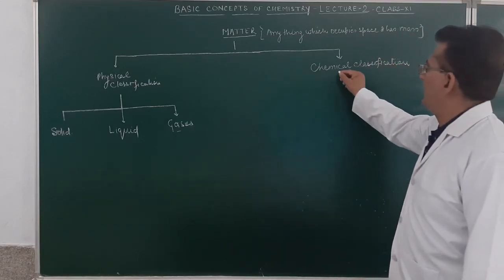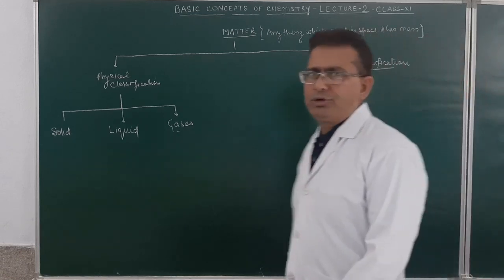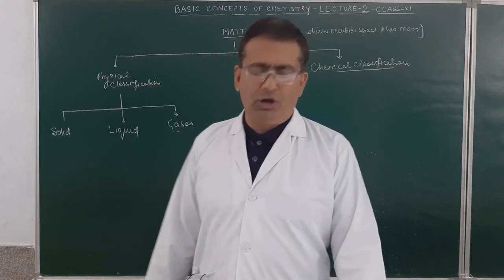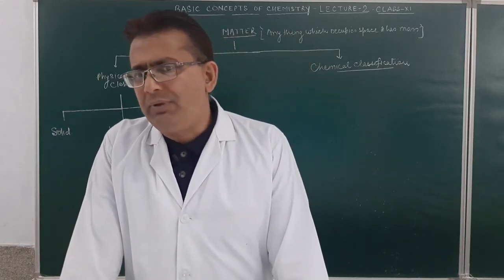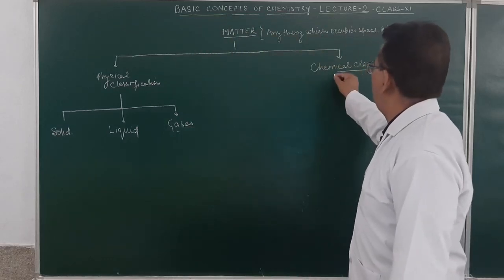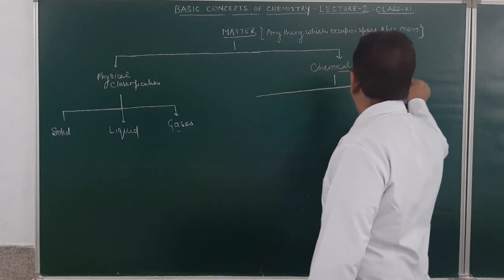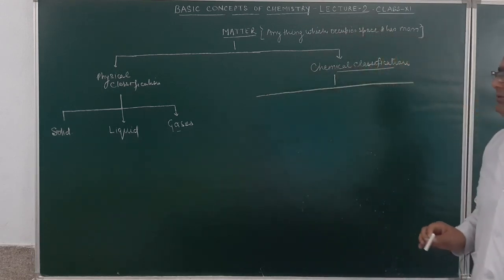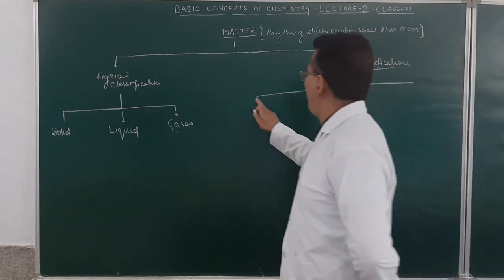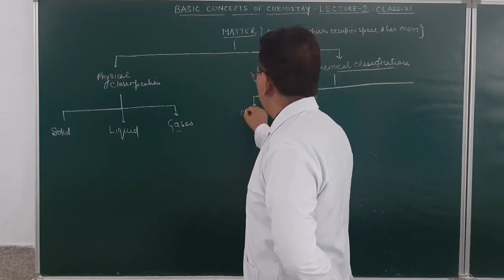Next is the chemical classification of matter. If I go for the chemical classification of matter, it can be chemically classified into two categories: either a mixture or a pure substance.